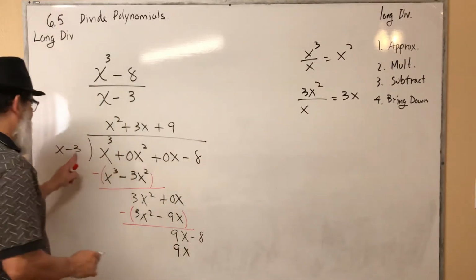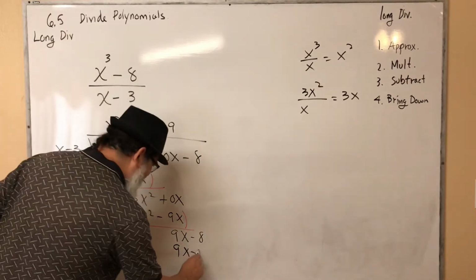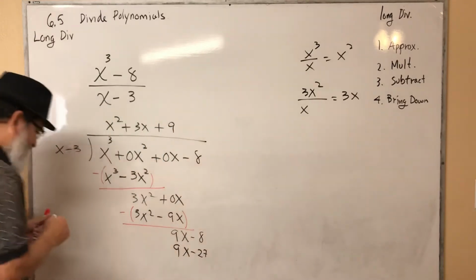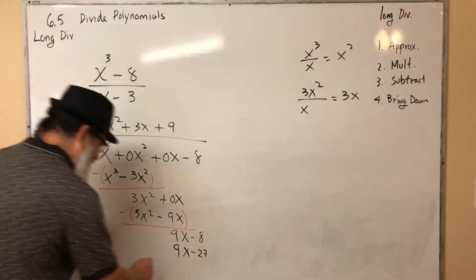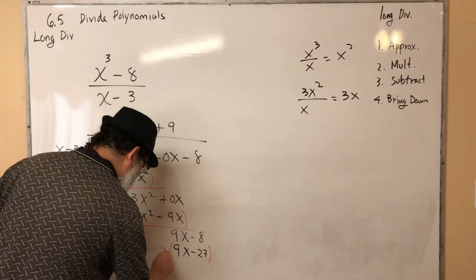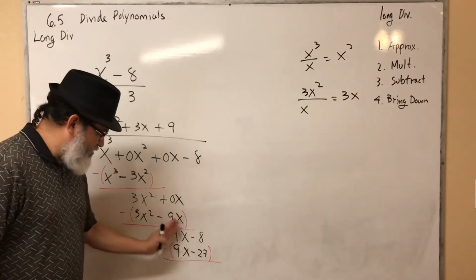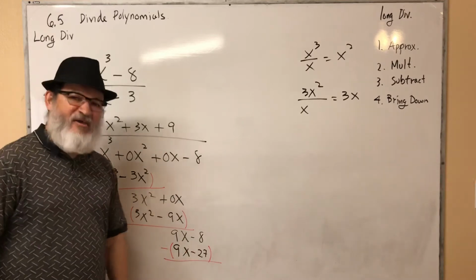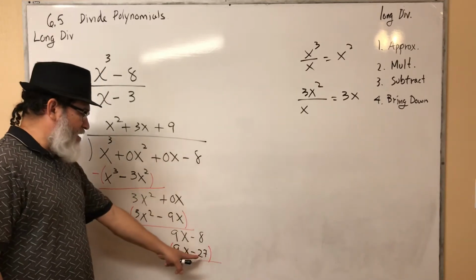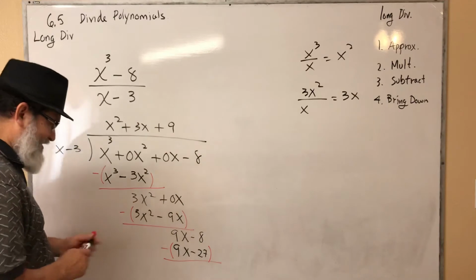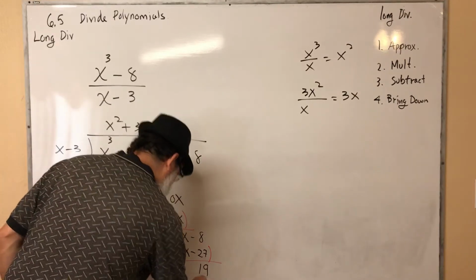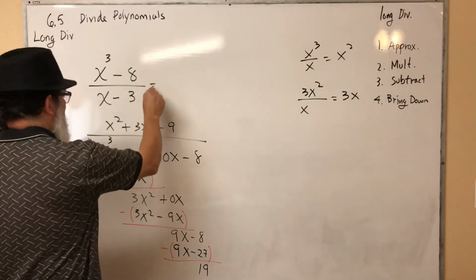And 9 times negative 3 is negative 27. And then subtract. This becomes negative, you get 0, and this becomes positive. What's 27 minus 8? 19.